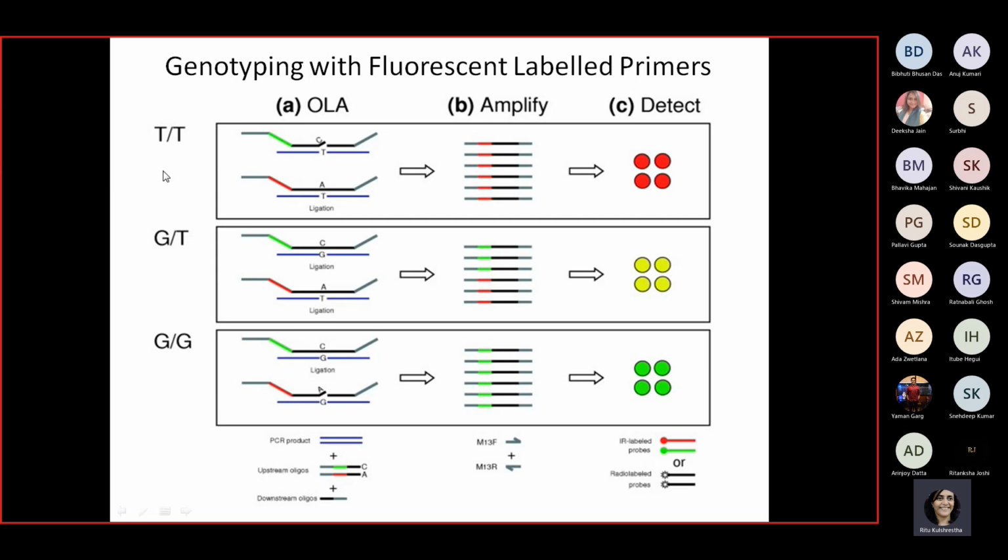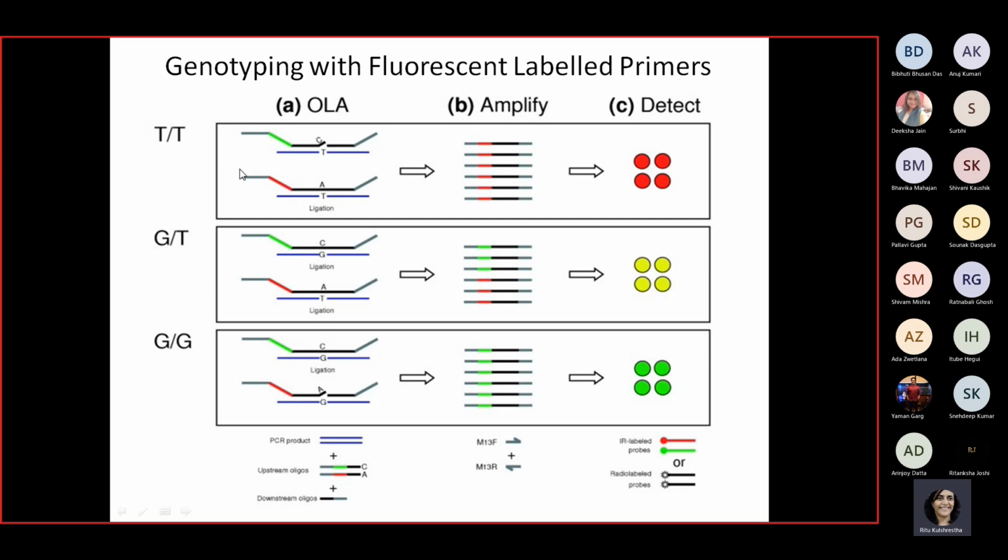And also in this case, because you're using labeled primers, you can see red fluorescence. Now, how do you perform PCR? Which type of primers do you go for? In this case, again a smart thing, they have added the M13 forward and reverse primers on either side. You know that M13 forward and reverse primers are not present in the genome.